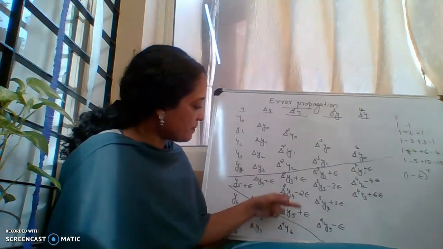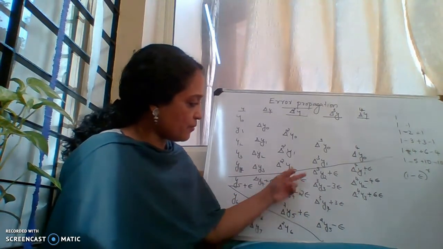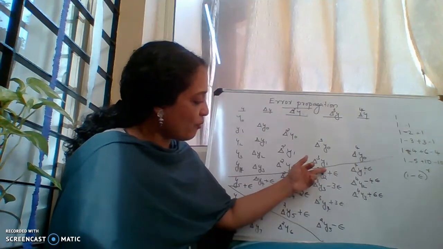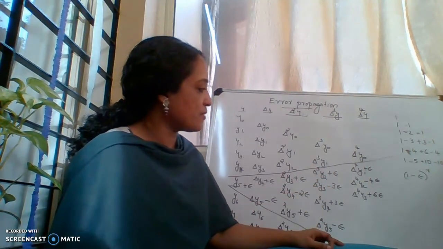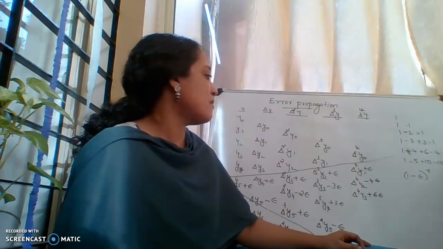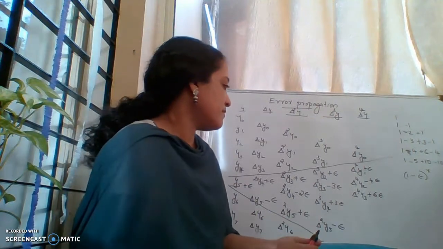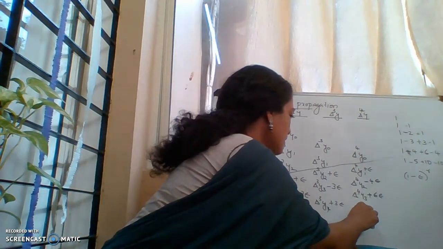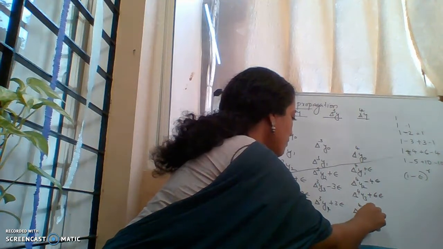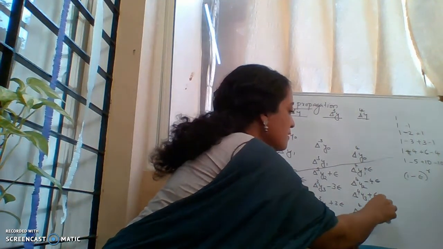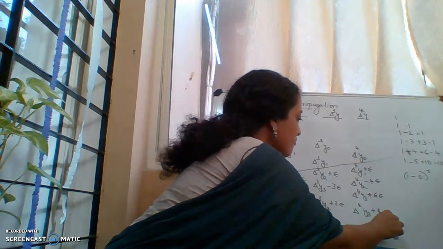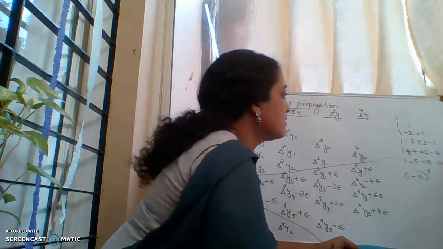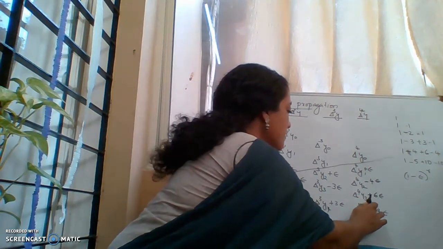Here also 2 epsilon minus 2 epsilon, 0. Here 4 epsilon minus 4 epsilon, 0. And in this column also, sorry, here I haven't written the entire del raised to 4, plus 4 epsilon, sorry, minus 4 epsilon.